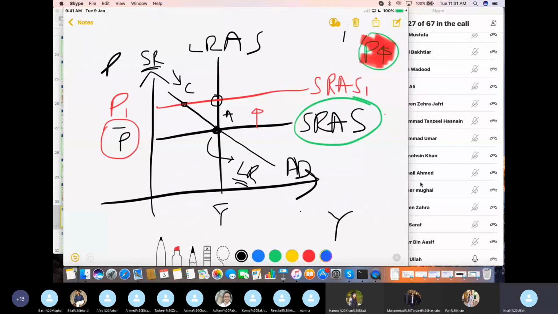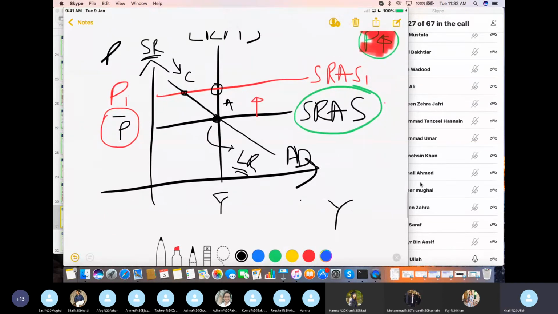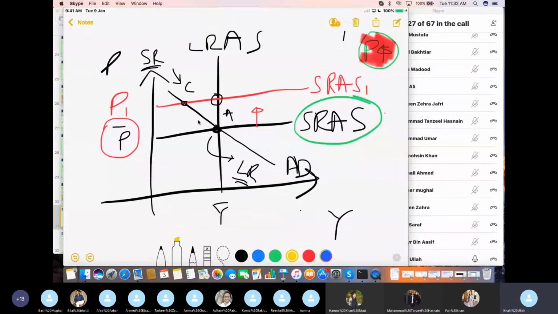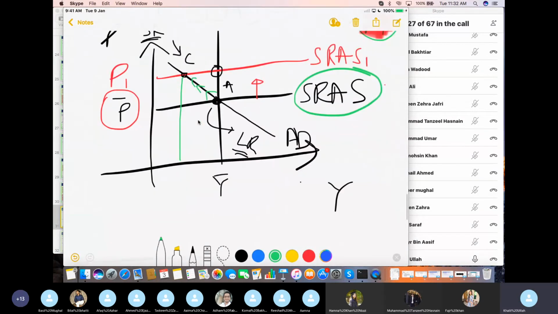The question is, why is that the case? If you notice, when the short-run aggregate supply curve moves from the black one to the red one, the economy starts moving from point A towards the short-run equilibrium, which is point C. And when it gets to point C, what's happening in the short run?